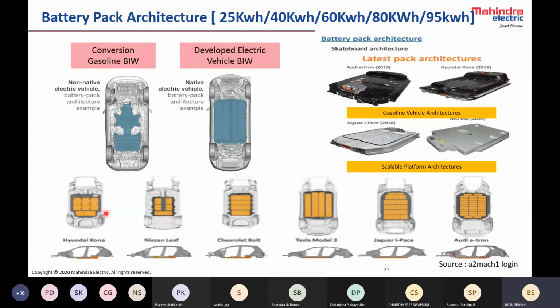But if you look at a conversion vehicle, whatever space can be provided will be provided, and we will have to package the battery inside that. We have to thermally manage it also, and provide space for the BMS, BMU, and the electrical components also. So for a design, that becomes a lot more complicated, and it becomes very difficult to provide the amount of energy required to meet the range.